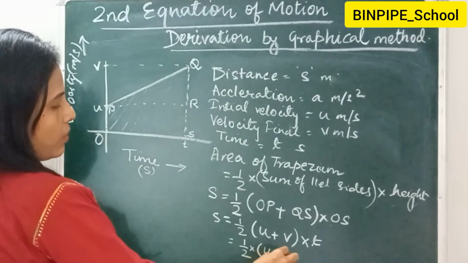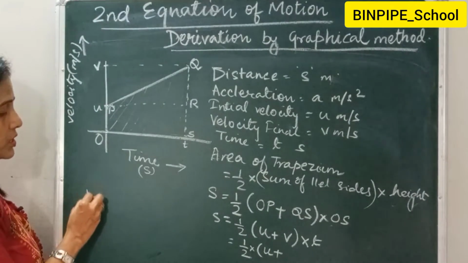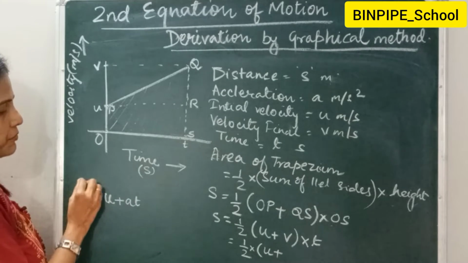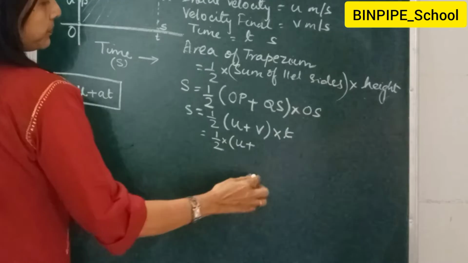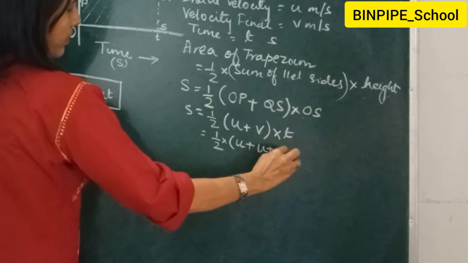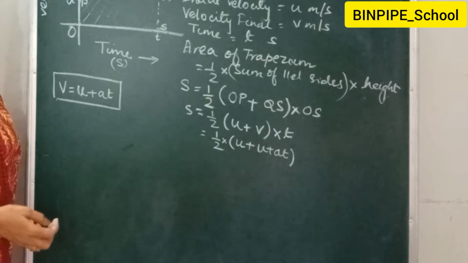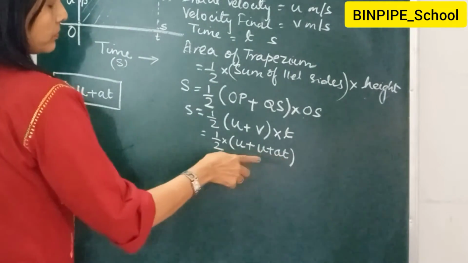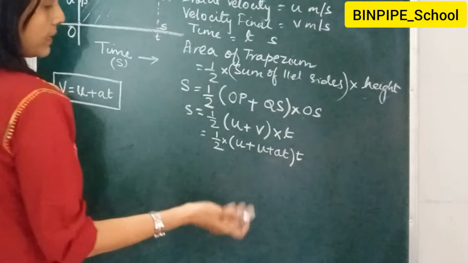So half into U plus. Now instead of V, can't we use the first equation of motion, that is V is equal to U plus AT? Now instead of the value of V, we can put U plus AT here, because in the second equation of motion there is no final velocity used. So instead of that we use U plus AT and multiply T as usual.